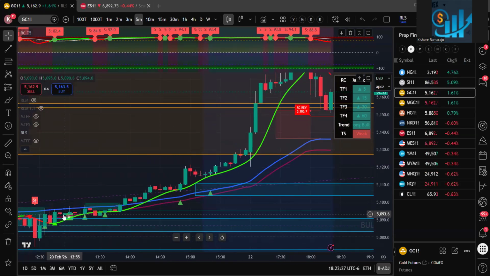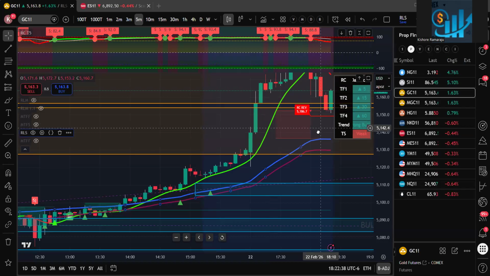So you can see that you got a buy signal here. If you missed this buy signal, you can enter on a buy signal here, or here, or here.